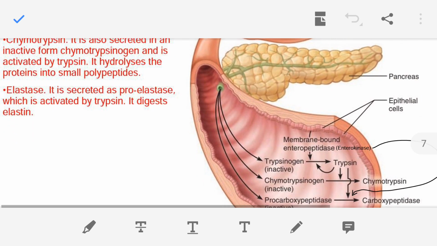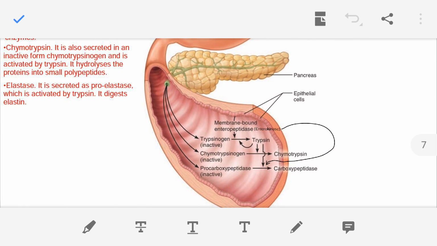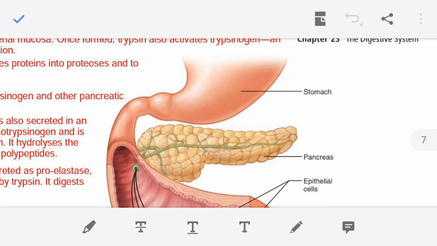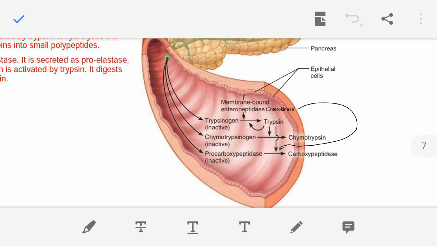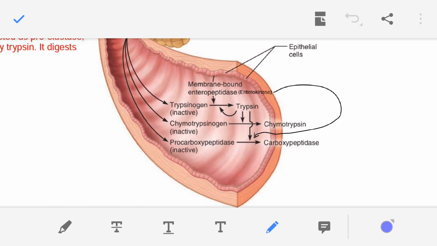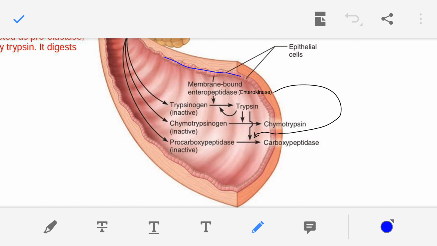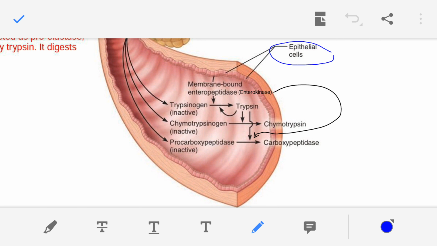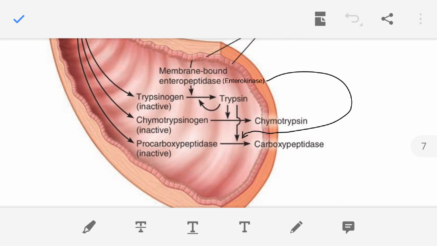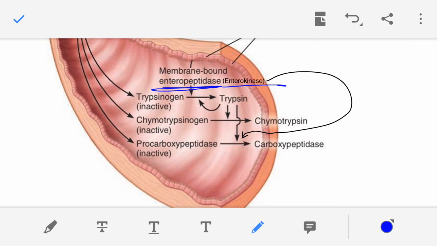So here in this figure, as you can see, the stomach is followed by the duodenum. This is the wall of the duodenum, the internal wall, that is the duodenal mucosa. In the duodenal mucosa there are epithelial cells around the lumen, and these epithelial cells secrete the enzyme enteropeptidase, and the other name for enteropeptidase is enterokinase.